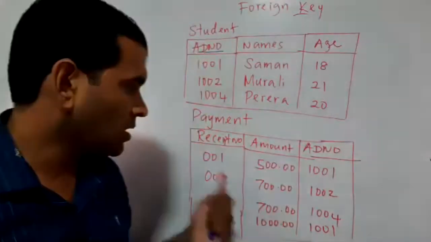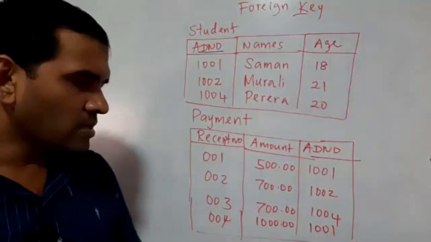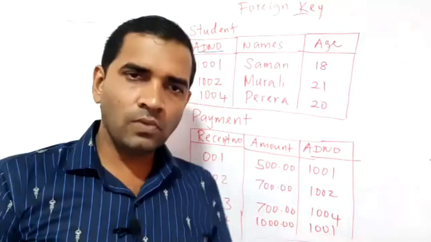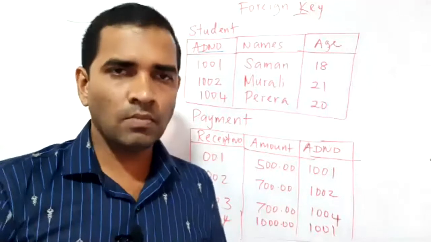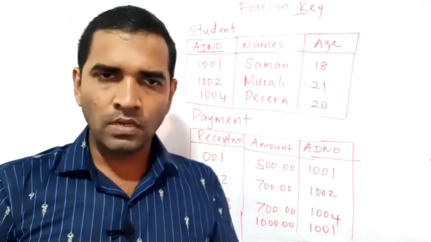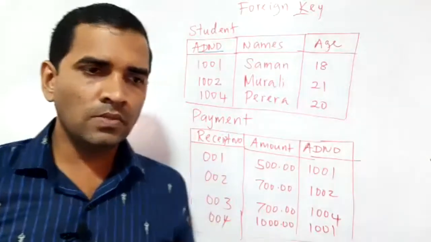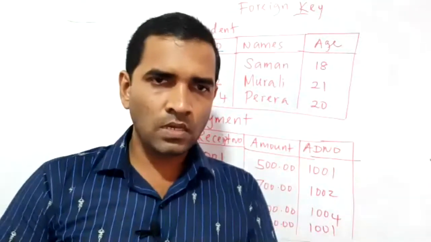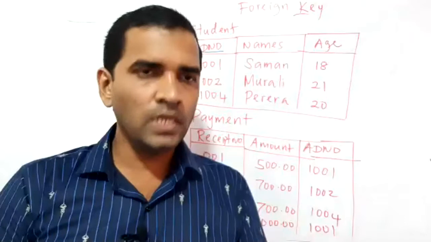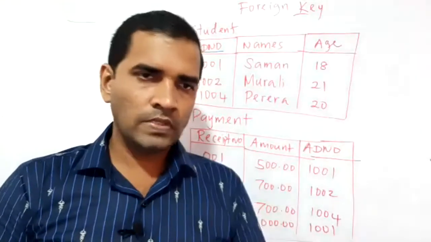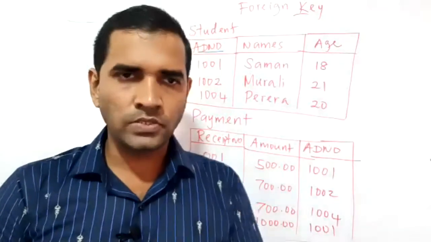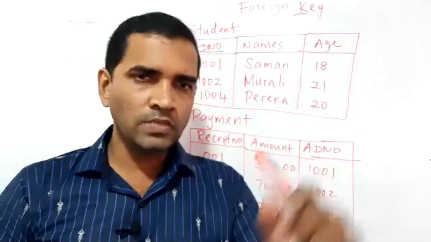So what is the primary key here? Check that receipt number. For every receipt, a number is issued, and that number cannot be repeated. Imagine you make some payments in school, facilities fees and some other fees. Check that receipt number.